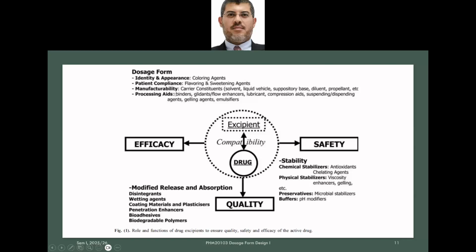USP general chapters: we have specific chapter monographs for substances, and we have general chapters as well in the USP. Please visit the library, find the USP we have, and open it and see the contents, see the different chapters there, see what formulation you can find in the USP. We have some general chapters.